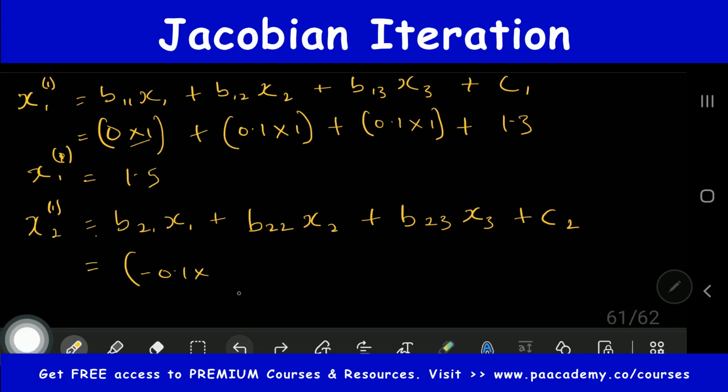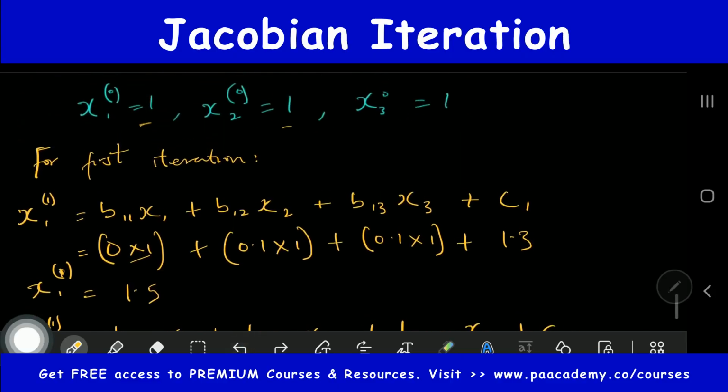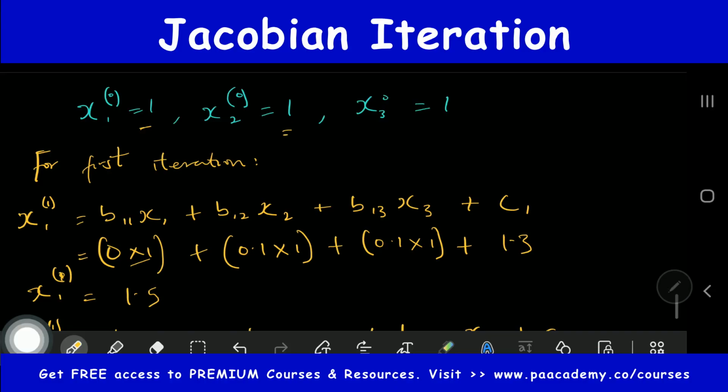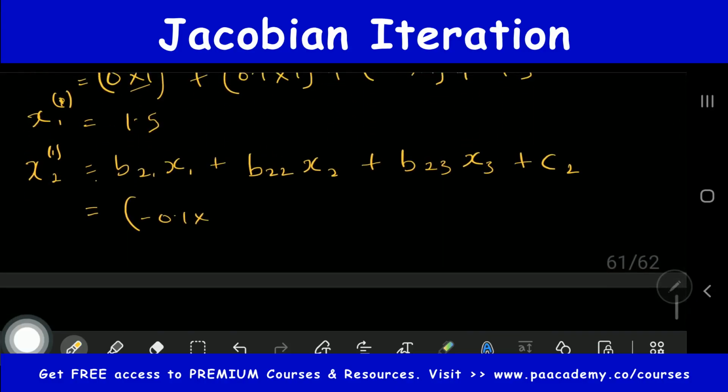But this time around, your x1, whether you are looking for x2, x3, or x1, will maintain the initial value, and I'll tell you when you are going to change it. So this is going to be times 1. Remember when we did Gauss-Seidel, because we already had a new value for our x1, 1.5, you brought in 1.5 here. No, but you are going to maintain the initial one.